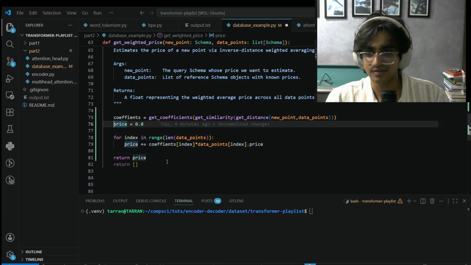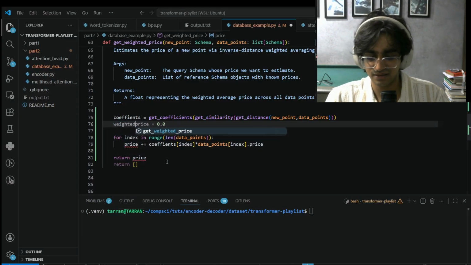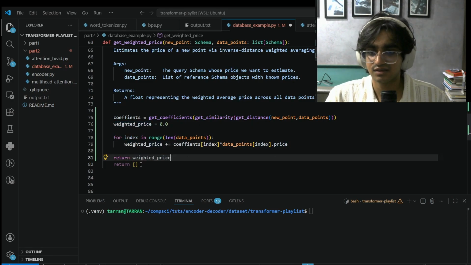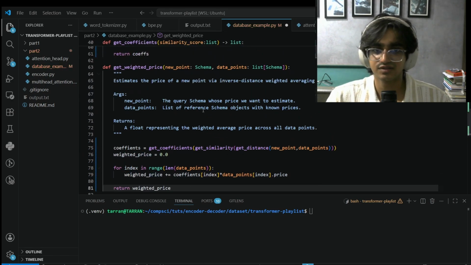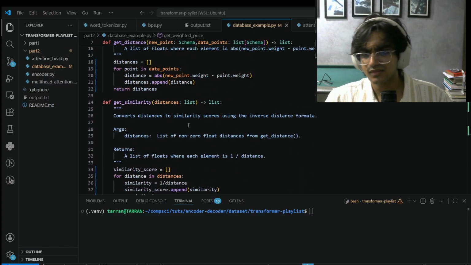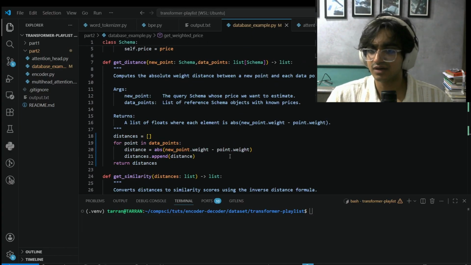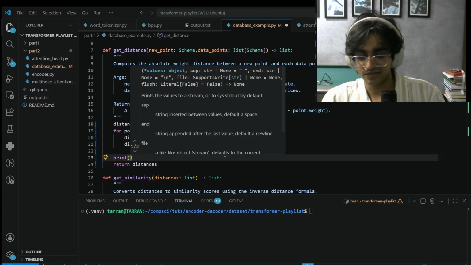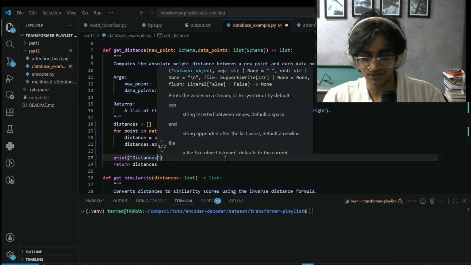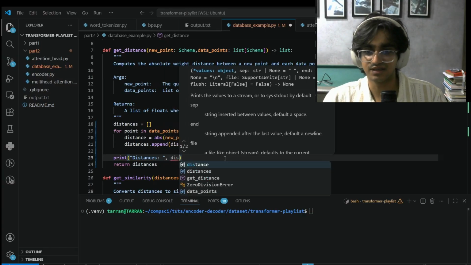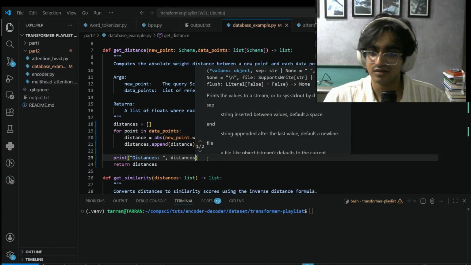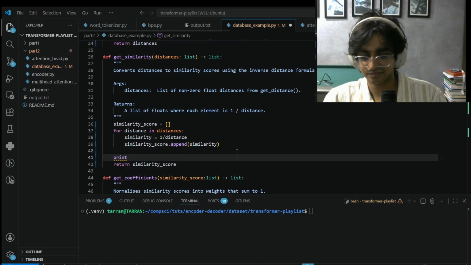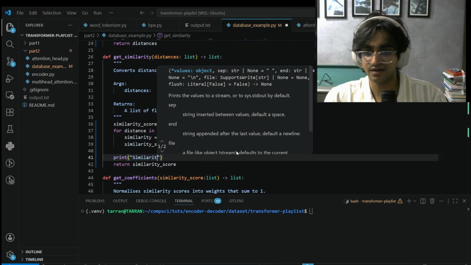Rather than naming it price, I'm going to name it the weighted price. Let's do that, and I can remove this. And for clarity, let's also print out and make sure everything is calculated correctly. So we're going to print distances, then we're going to print our similarity.